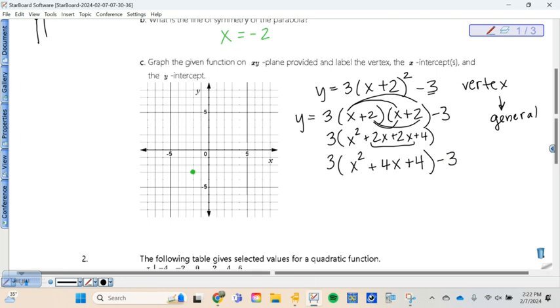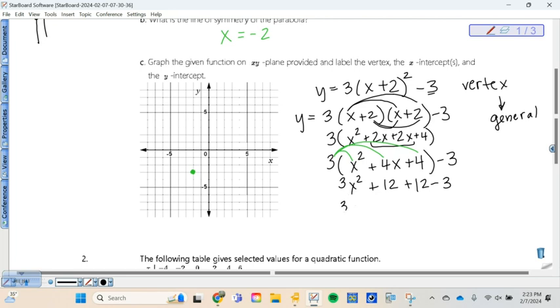Now I'm going to distribute. So I have 3 times x squared is what? 3x squared, and then 3 times 4x, 12x, and then 3 times 4, 12. And then I have this minus 3 at the end.